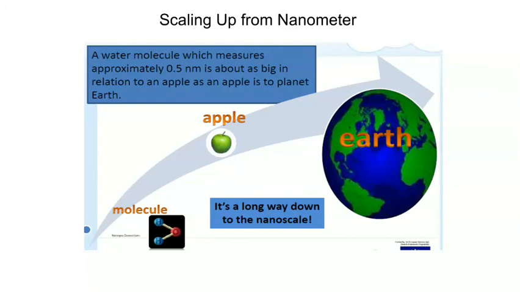So what we can do is, suppose we keep the apple on the surface of the earth, then the size of the apple with respect to the earth is in the range of nanometer.